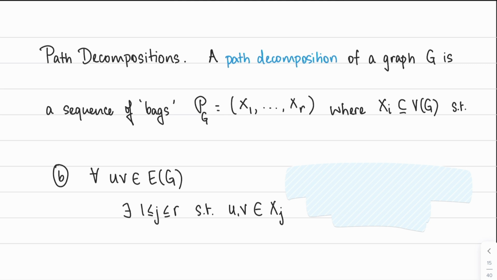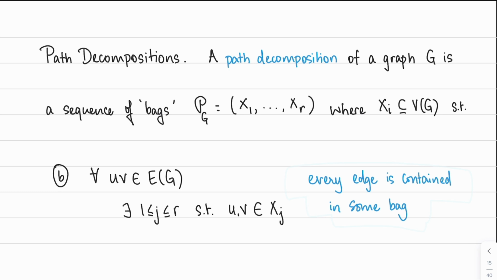The second property that the sequence must satisfy is edge coverage. So every edge in our graph must have both of its endpoints showing up in some common bag. So for every edge uv, there is some xj which contains both u and v.